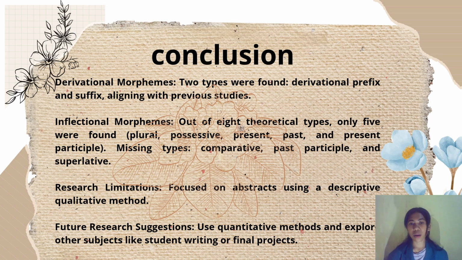Missing types: comparative, past participle, and superlative. Research limitations: it focused on abstracts using a descriptive qualitative method. Future research suggestions: use quantitative methods and explore other subjects like students' writing or final projects.